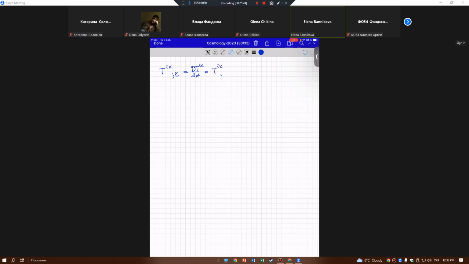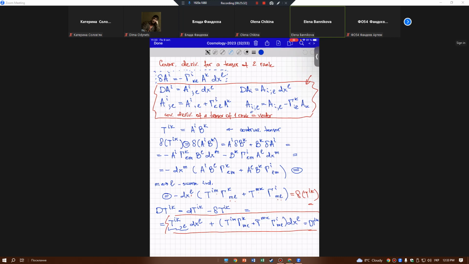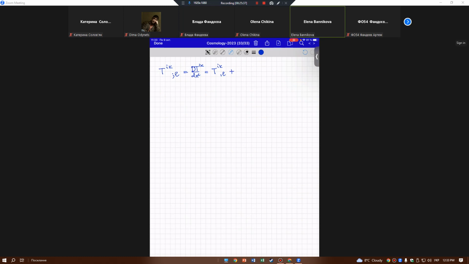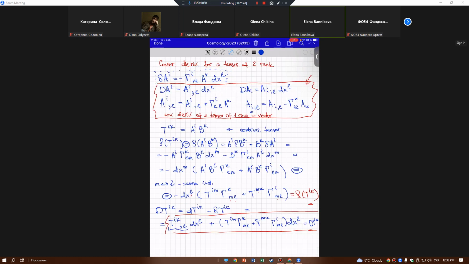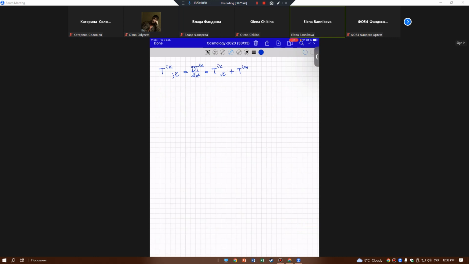to the normal derivative plus Γ^i_ml t^mk plus Γ^k_ml t^im. So this is the final expression for the tensor of the second rank, the contravariant.